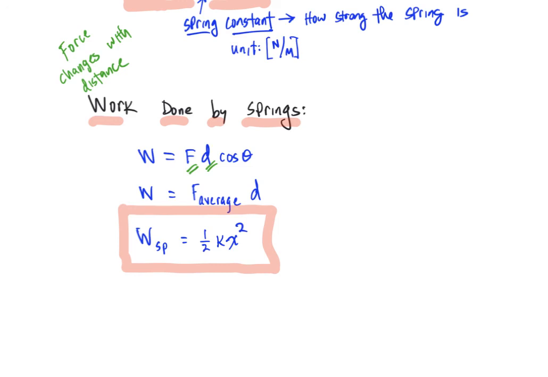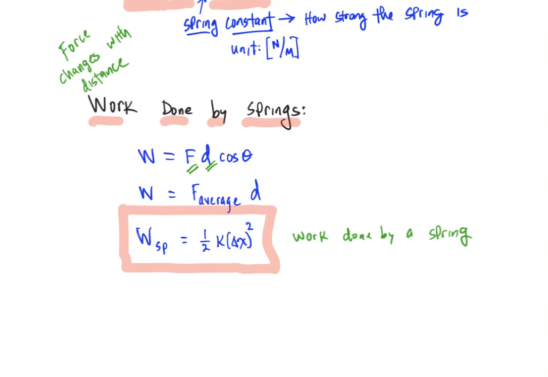So this is the work done by a spring. And just to be clear here, maybe I should have written this actually, I'm going to change this slightly. I'm going to write that as delta x. Remember, that's our distance from equilibrium. We know what that is. That's the distance stretched from equilibrium. And again, k is that spring constant.